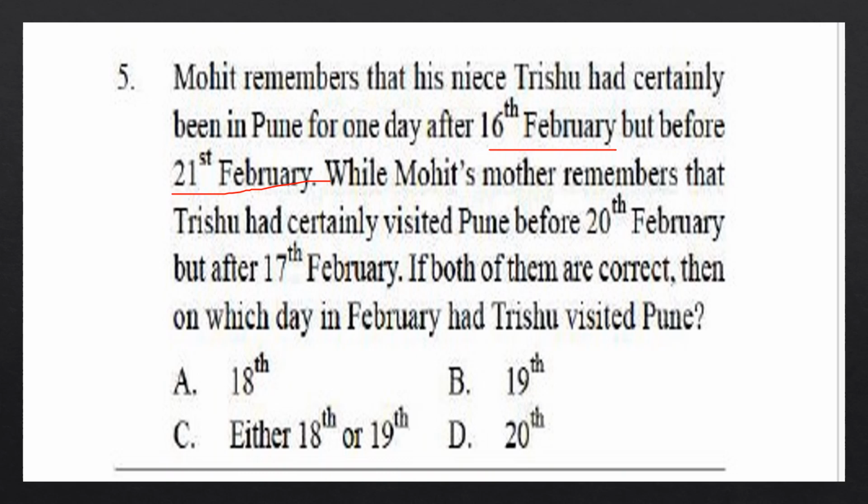So it is 17th, 18th, 19th or 20th. But according to his mother, it is before 20th and after 17th, that is 18th or 19th. So the common dates are 18th or 19th February. Option C is the correct answer.